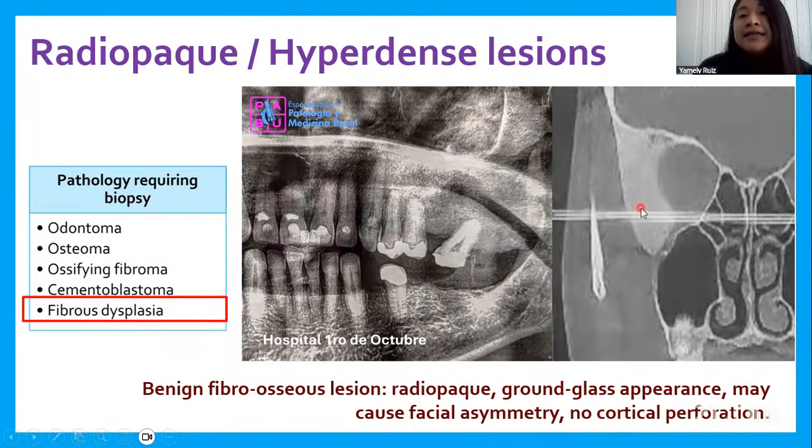Also, this entity could have aggressive behavior because it can cause facial asymmetry and huge dimensions, but an important difference from ossifying fibroma is that fibrous dysplasia has no cortical perforation. This is a very important clue for this diagnosis. But the ground glass appearance is the pathognomonic characteristic of fibrous dysplasia.